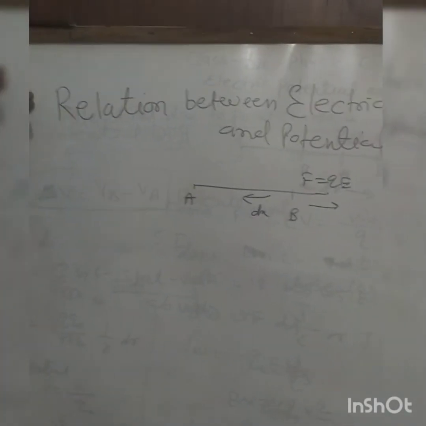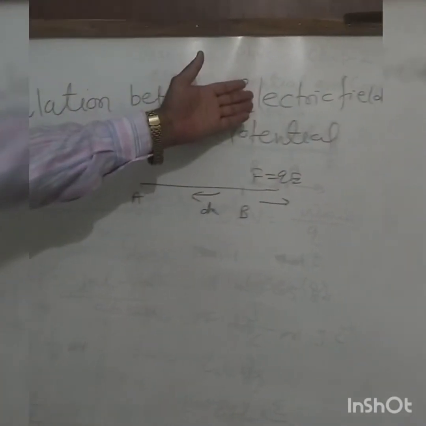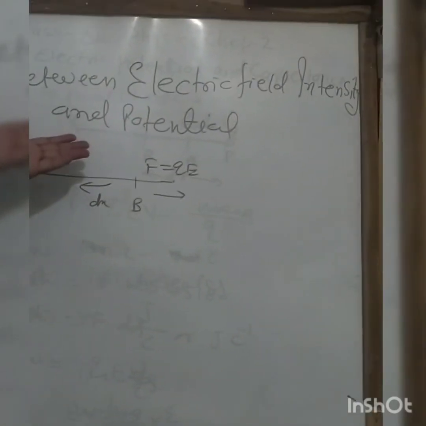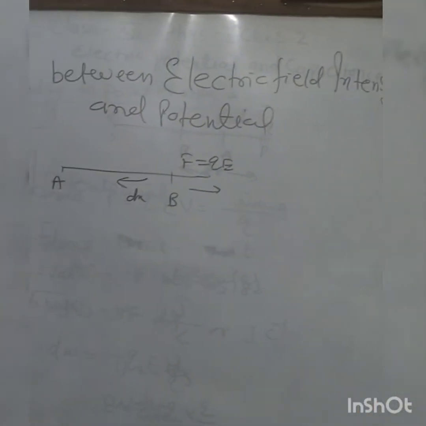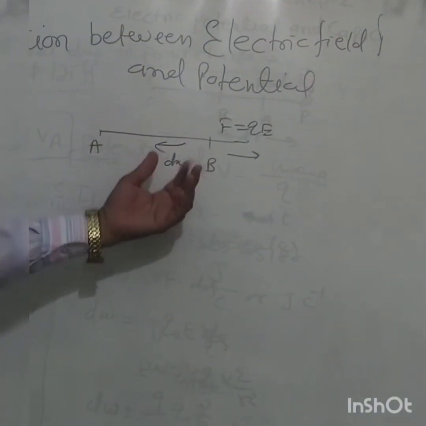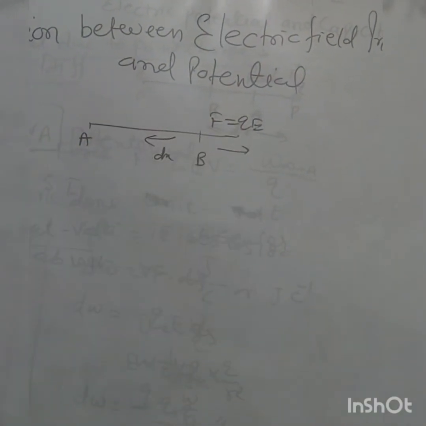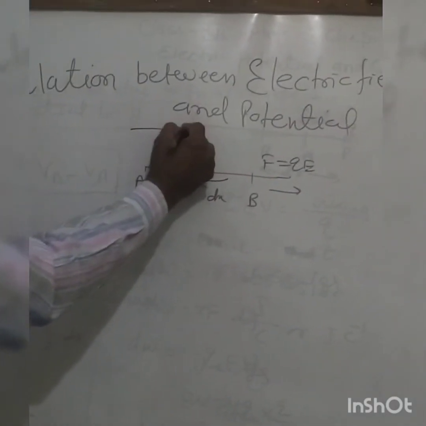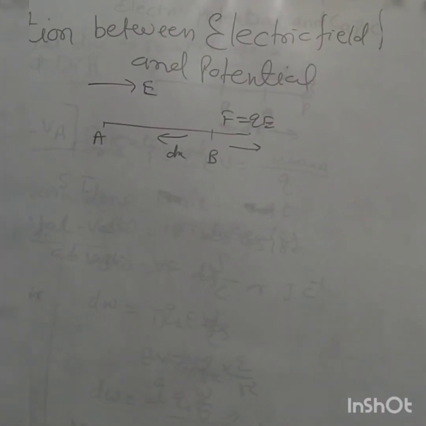Now next we are finding the relation between electric field intensity and potential. So what is the relation between the electric field intensity and the potential? Here we have taken the 2 points A and B, where the force F is equal to qE, and this is the direction of intensity. So here is the work done.